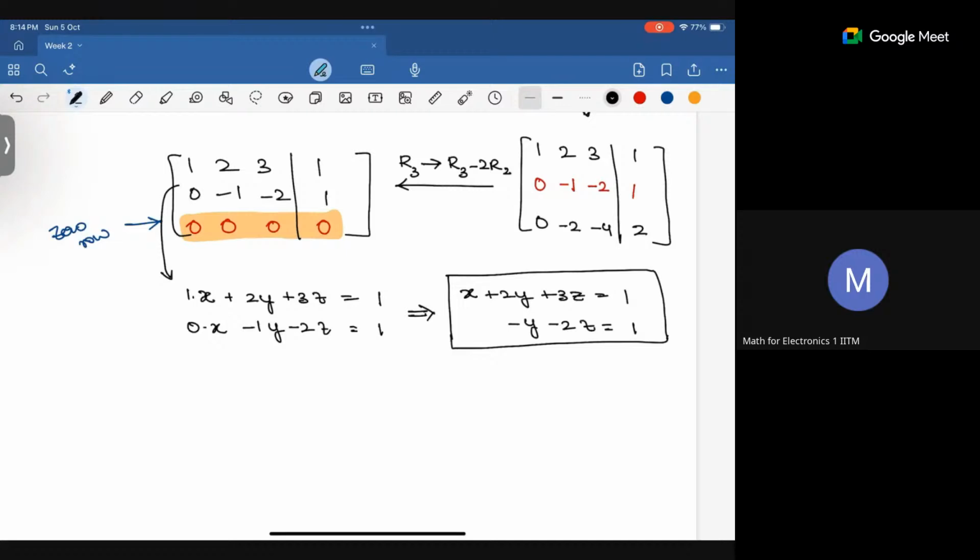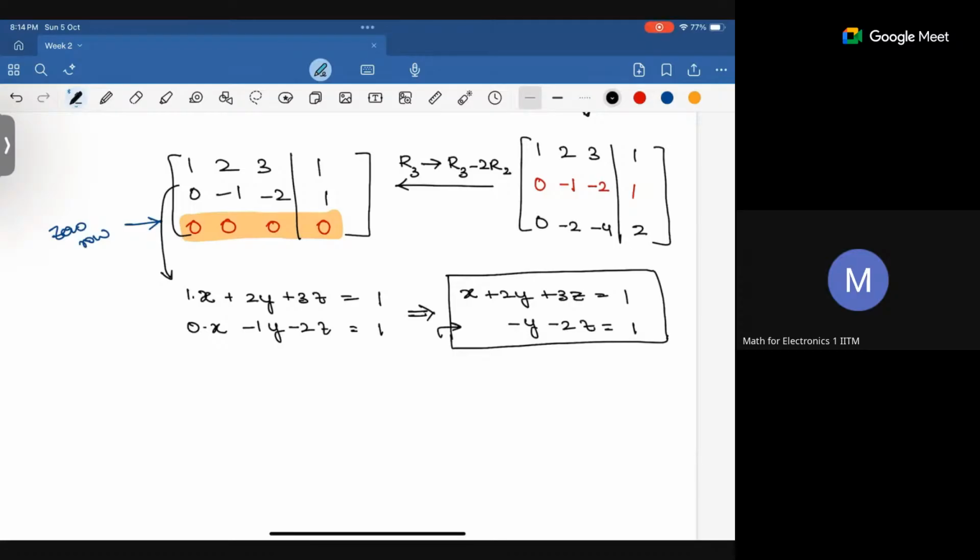Right, so if I just look at this below equation, if I just give some value for z, I will get correspondingly some value for y, and if I substitute them in equation 1, I will get some value for x. If I change the value that I give for z to something else, then the value for y will change and correspondingly the value for x will change.